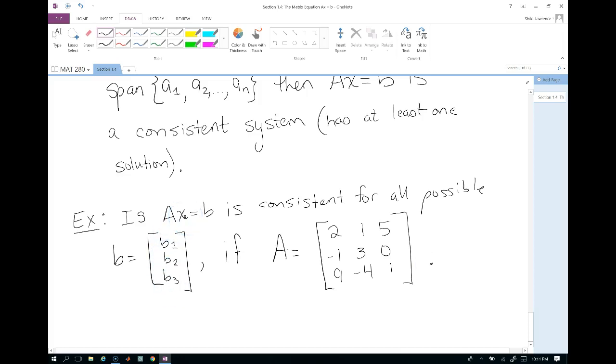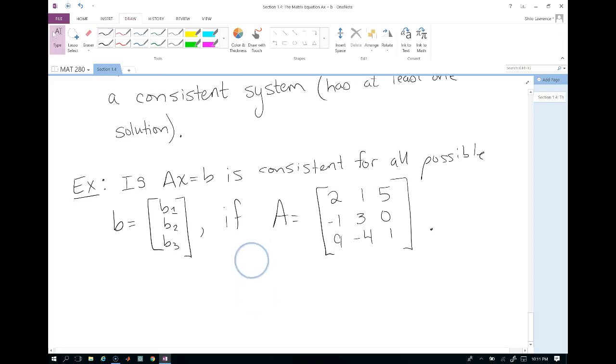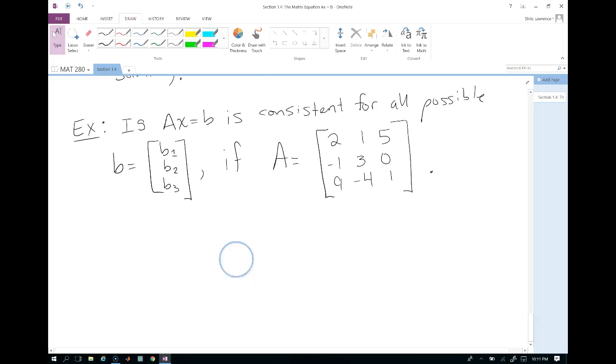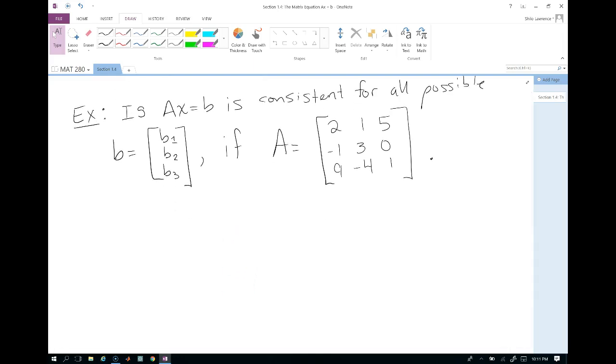If it's consistent for all possible B1, B2, B3, that means we have an infinite number of solutions. If there's not an infinite number of solutions, then we'll come up with an equation that ties together our B1, B2, B3 that we have to make sure is always true.